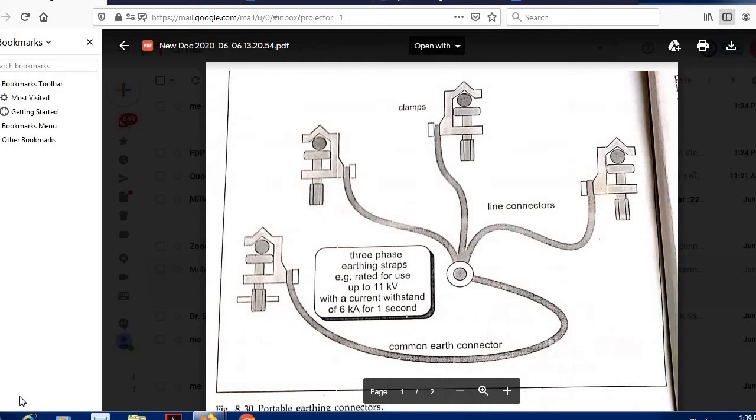Then if any short circuit or earth fault happens, we do the maintenance on that, right?